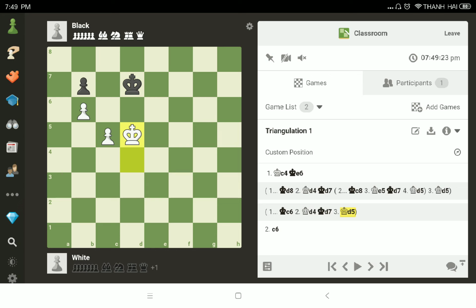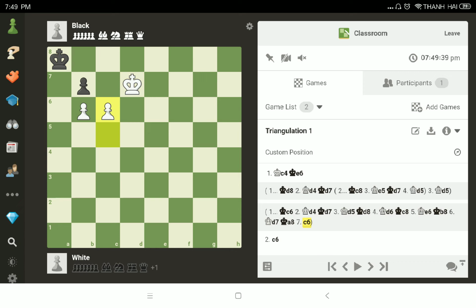Black completed triangulation, and now king d8, king d6, opposition. King c8, king e6, diagonal opposition. King b8, king d7, king a8, and c6. And simply after bc king c7 white will promote to a queen.